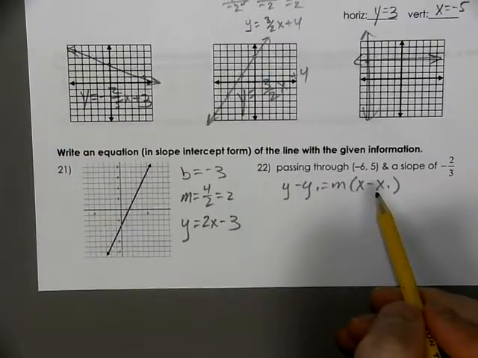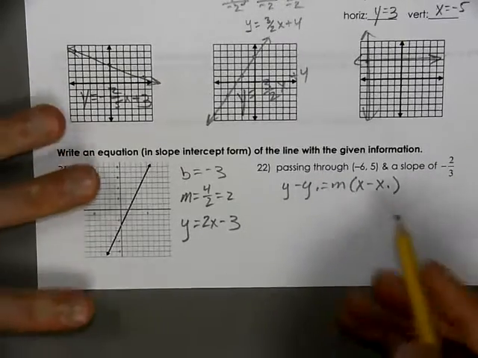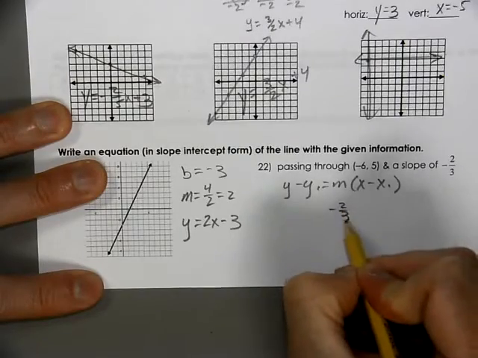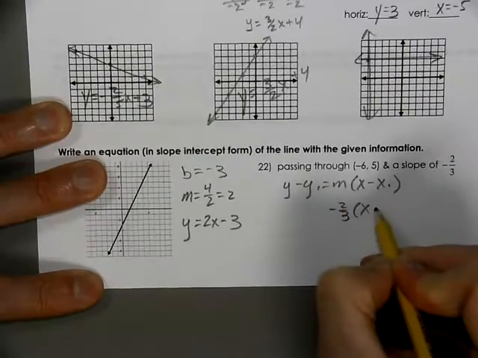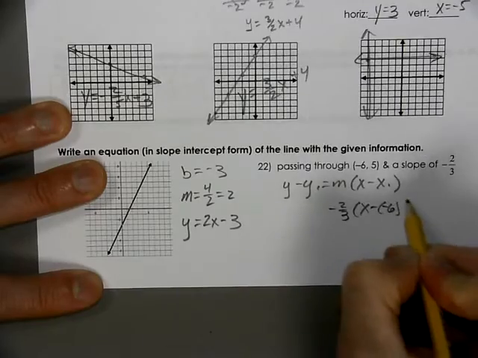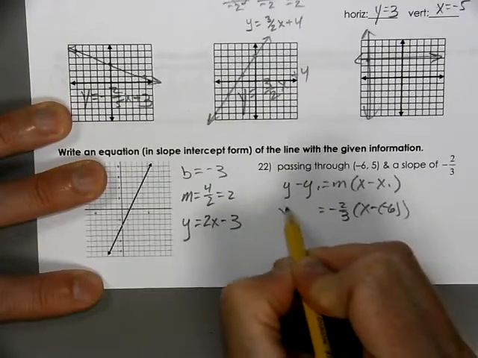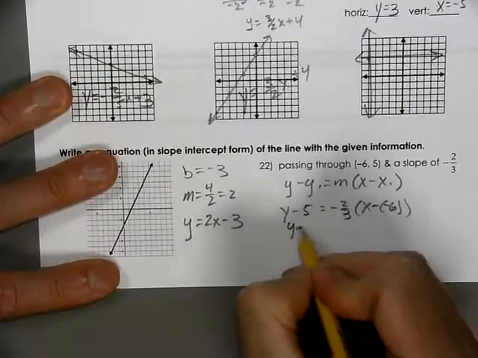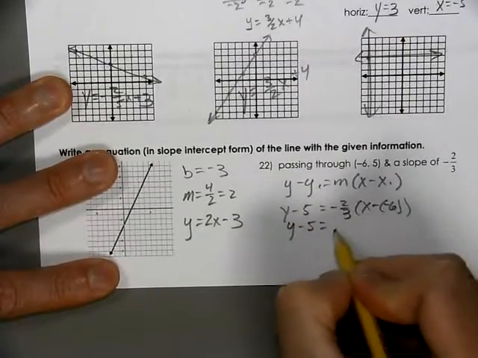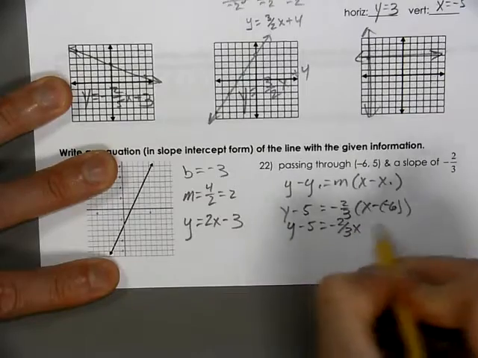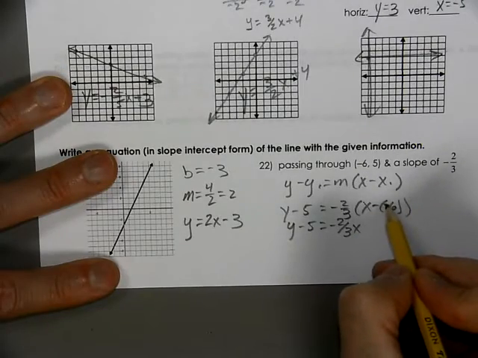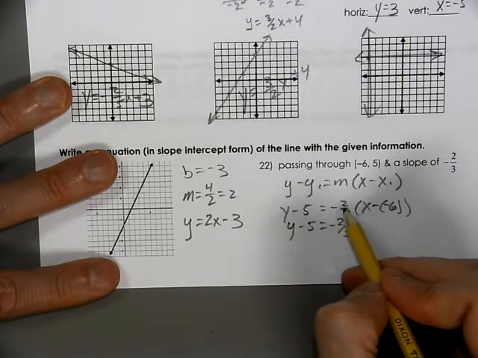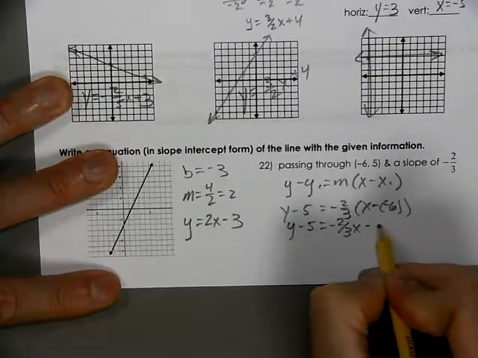This is point slope form. We have a point and a slope. Our slope is -2/3. Our x value is -6. Our y value is 5. Distribute. +6 times a -2/3 gives you a -4.